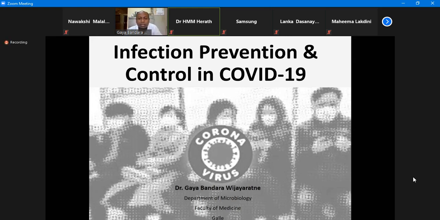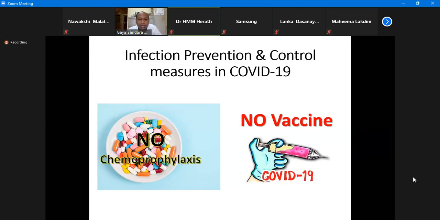As we have already gathered knowledge about this, we know that there is very limited data on treatment. So what we have to depend on is mainly the preventive aspect. When compared with many other infections, where they have drugs or vaccines to prevent, in the case of COVID-19, so far, there's no evidence for a proper chemoprophylaxis or a vaccine to prevent this disease.